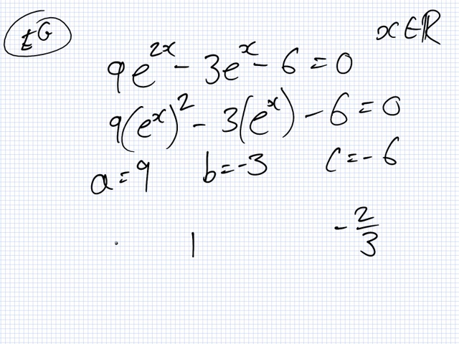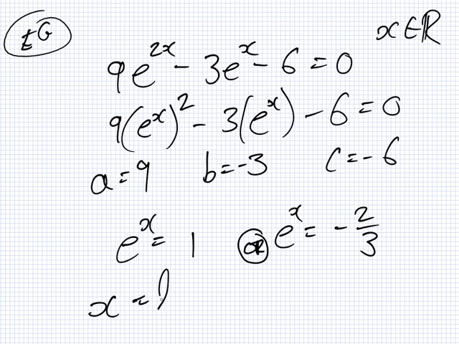What equals 1? Is it x equals 1? No, it's e power x equals 1 or e power x equals minus 2 over 3. Now, here x equals log 1 and here x equals log minus 2 over 3.